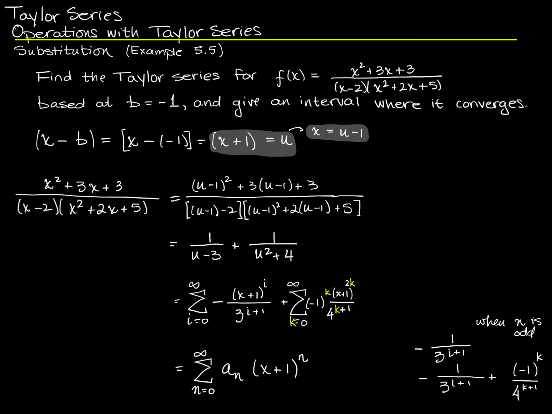So that I can write down here when n is an even number. And so what we're saying here is that this thing is sort of defined by whatever a sub n is. And a sub n is equal to one of these two things. It's equal to this when n is odd, and it's equal to this when n is even.